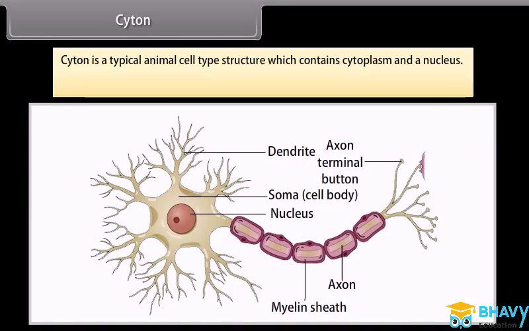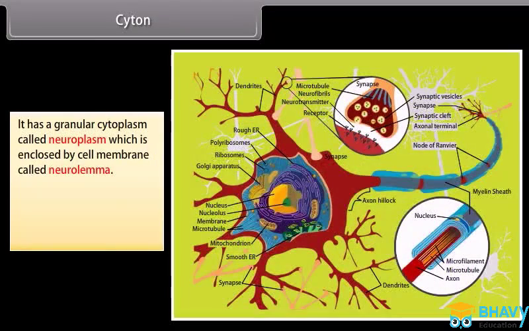Cyton. Cyton is a typical animal cell type structure which contains cytoplasm and a nucleus. It is spherical in shape and about 4 to 135 μm. It has a granular cytoplasm called neuroplasm, which is enclosed by a cell membrane called neurolemma.